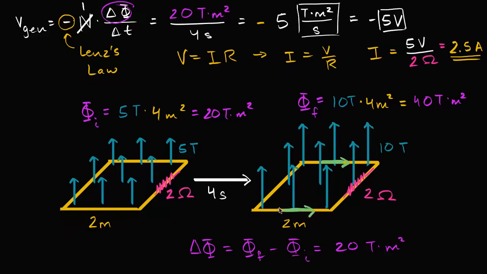And to think about that, we just have to use the right-hand rule. Take our right hand, point our thumb in the direction of the proposed direction of the current. And so if we went with this one, our right hand would look like this. I'm literally taking my right hand out, and I'm drawing it, and I'm looking at it to think about what would happen. So if I use the right-hand rule, if the current went in this direction, then it would induce a magnetic field that went like this.